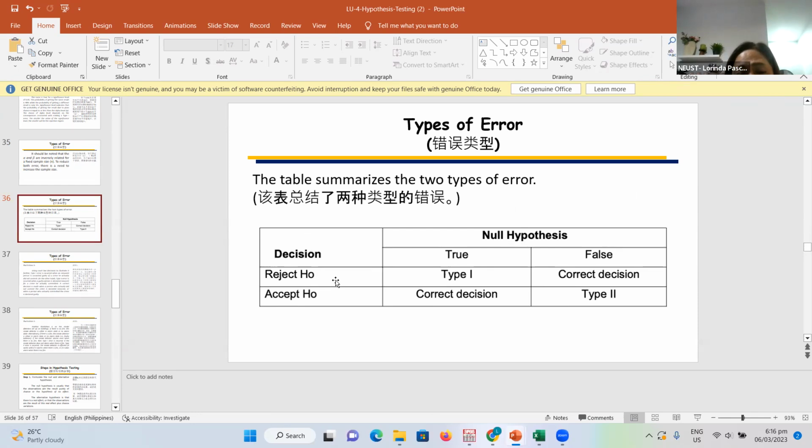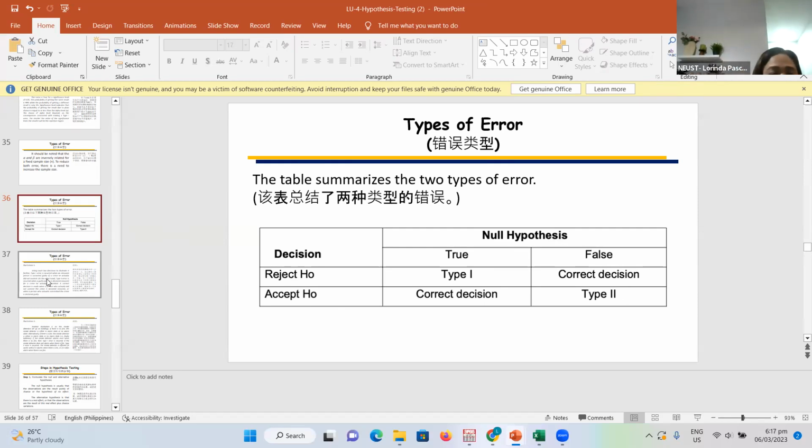When you reject the null hypothesis and it is false, then that is the correct decision. Now, when you accept the null hypothesis and that is true, then you are committing a correct decision. But when you accept the null hypothesis when in fact it is false, dapat hindi mo siya i-accept, dapat i-reject mo, then you are committing type 2 error.